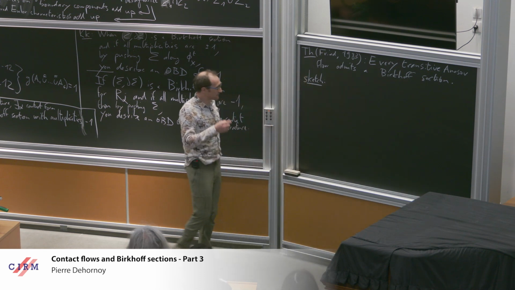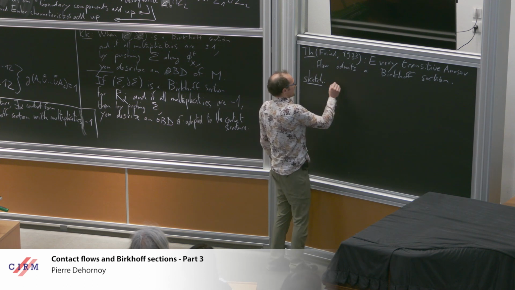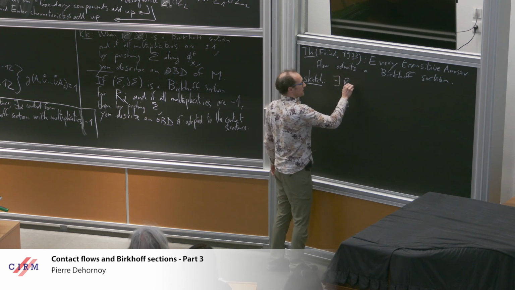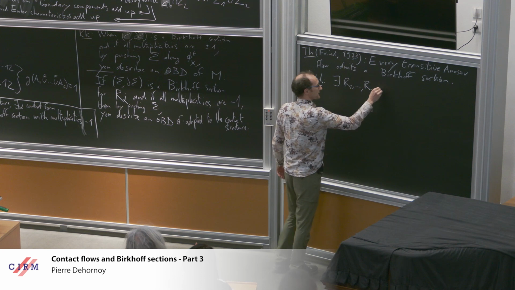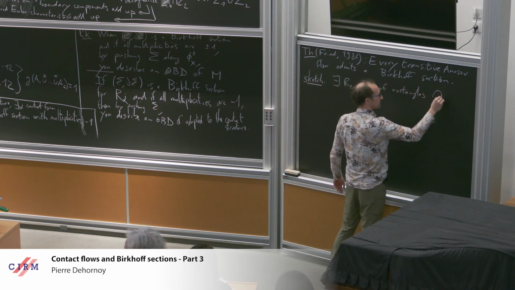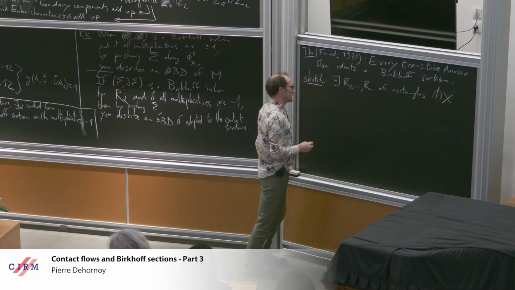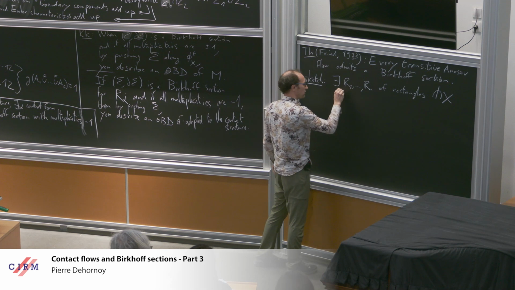I will not exactly define a Markov partition, but it means there exists a collection, say R1 to Rn, of rectangles transverse to the flow, transverse to the vector field, intersecting all orbits.